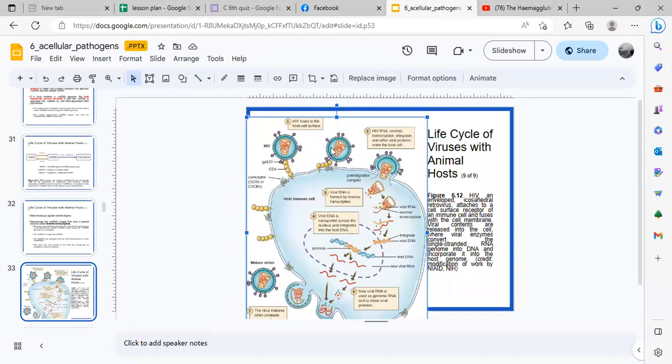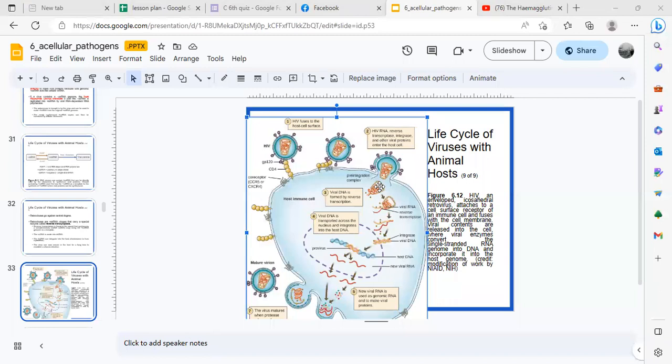So eventually, usually ito yung mga white blood cells, yung sa immune system natin. Okay, so this will fuse and eventually yung mga materials ng HIV lalabas na.